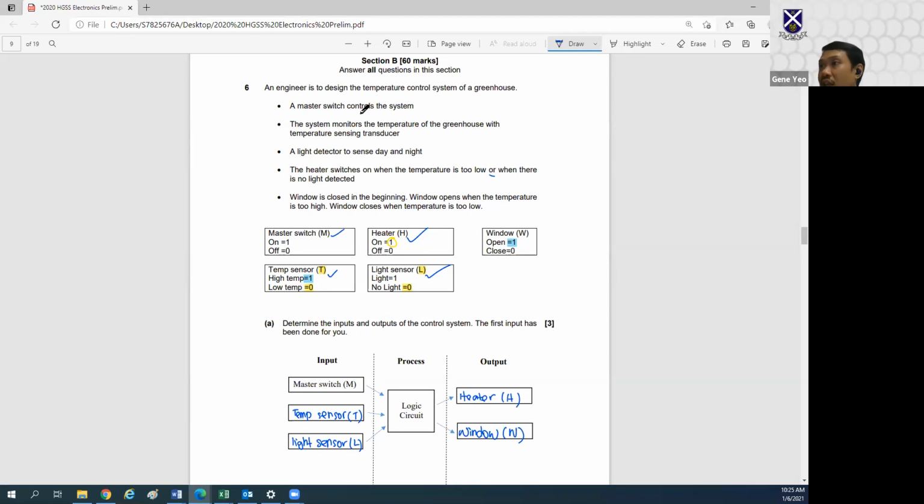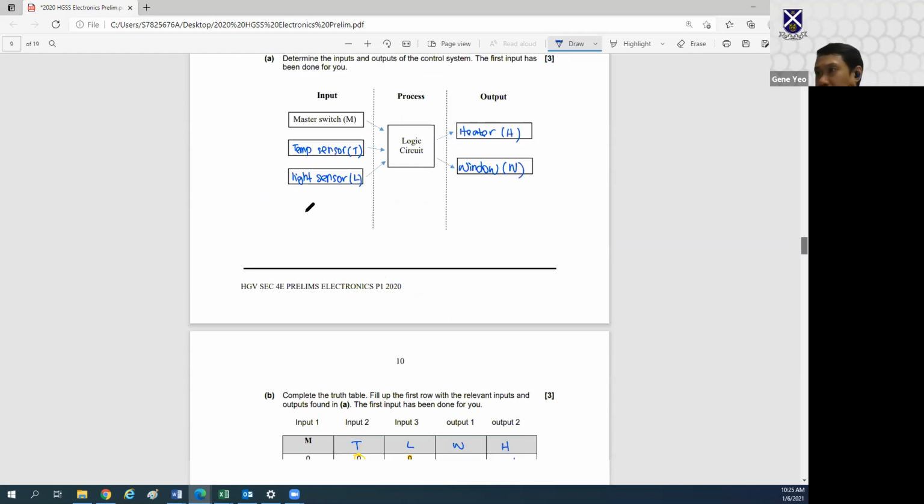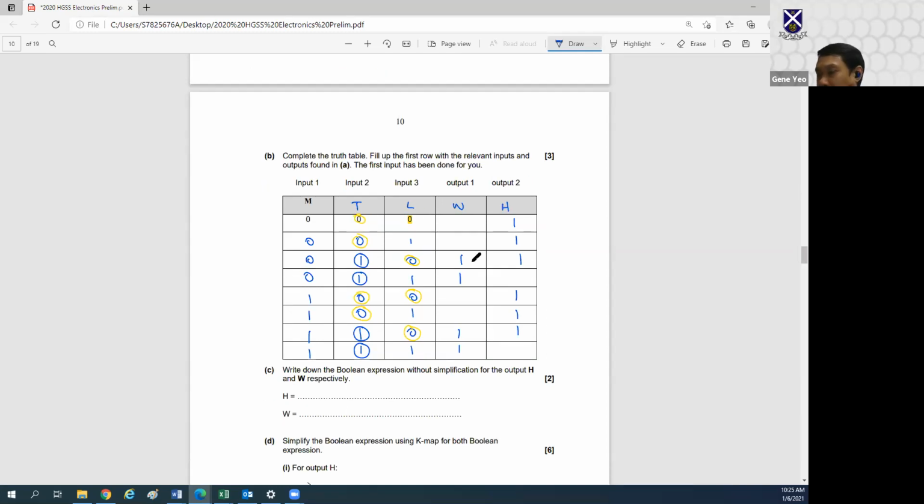But then they never say anything about the master switch, yeah? So I suppose it only works when the master switch is on. So all this will only work if the master switch is on. So I got to relook at my table again. So the master switch is off here, and I'm going to assume that none of these sensors will work when the master switch is off. So therefore, I have to revise my answers for this.